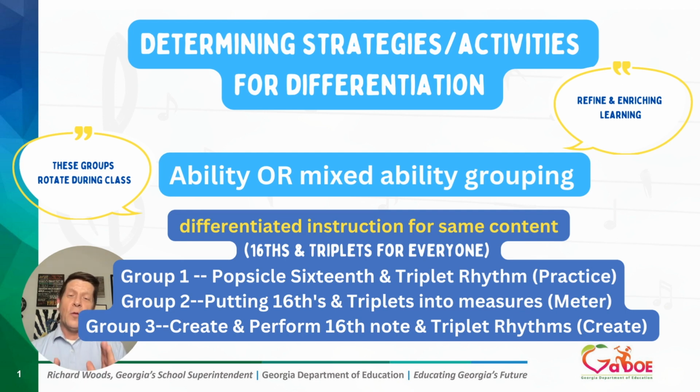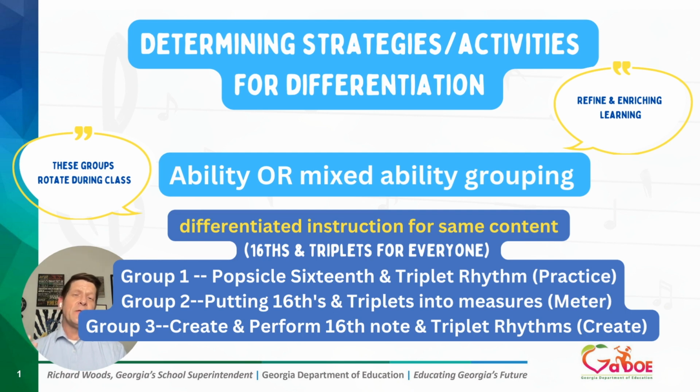So this is one strategy with three different delivery methods. Notice they're performing, which is kinesthetic. They're also using cognitive skills to figure out if those rhythms will fit into those 3, 4 measures. And of course, creating is our higher level of thinking, where the students are creating their own rhythms.